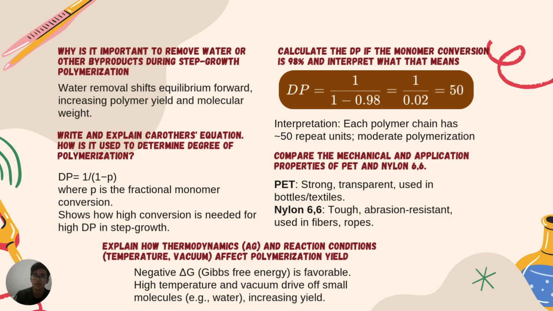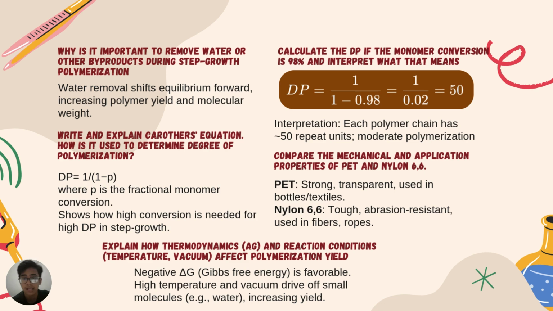The equation is DP equals 1 divided by 1 minus p, where p is the fractional monomer conversion, and it shows how high conversion is needed for high DP in step growth. Why do we need that? Because if you look at it, being higher in conversion, it has a better value, of course.